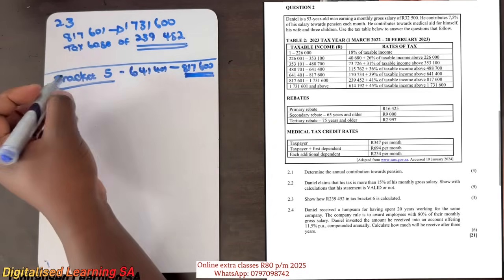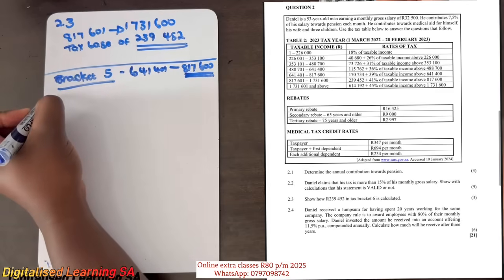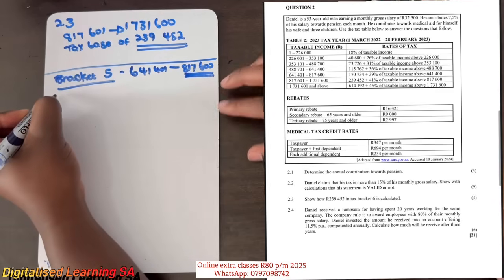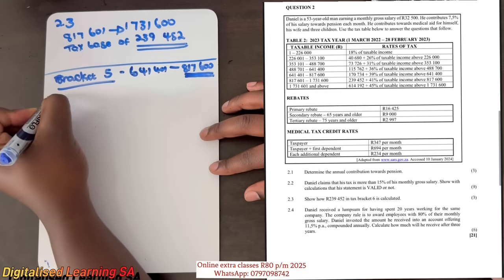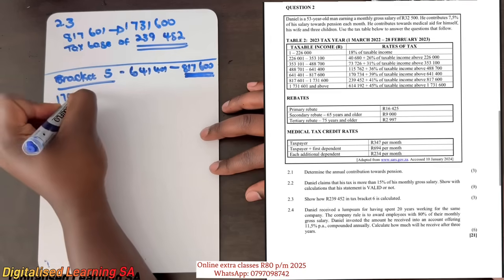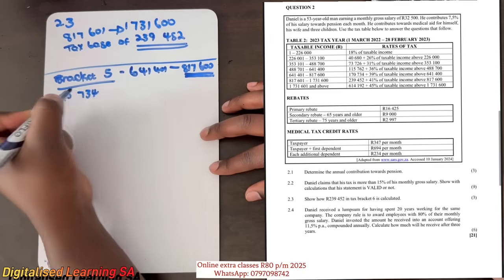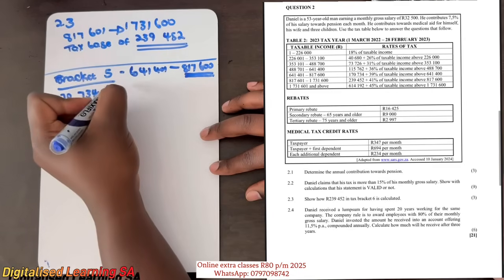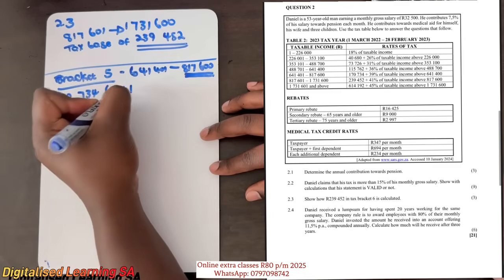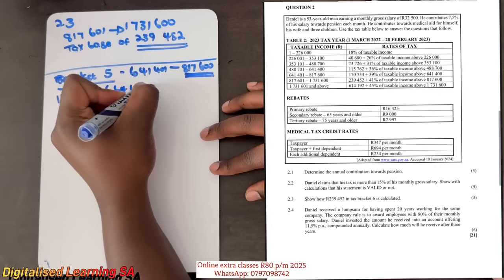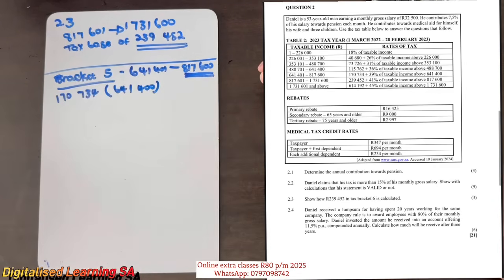So to do that, we know that our tax base was 170,734. For how much? For 641,400. If you look on the far right of the tax bracket 6 row, you can see that the 734 is for this amount.